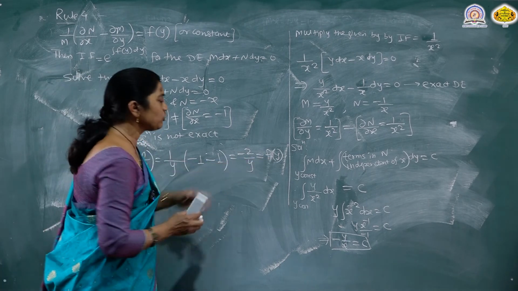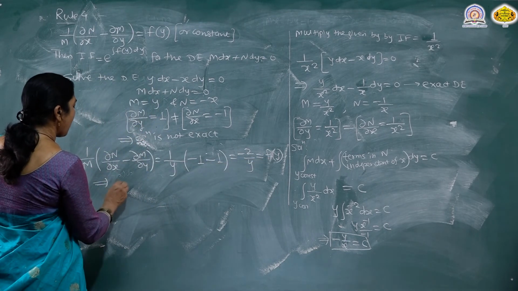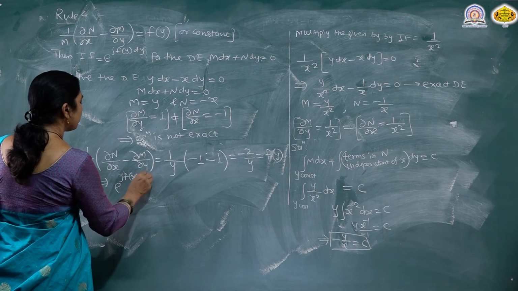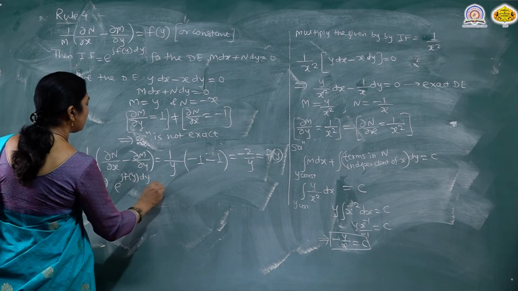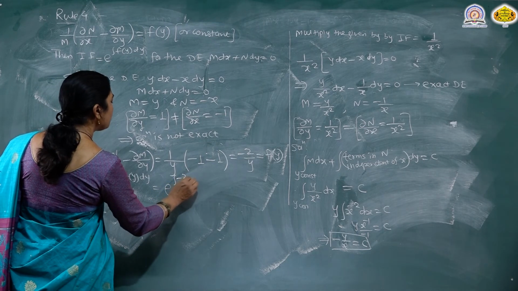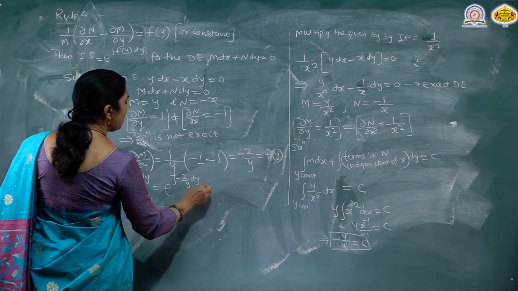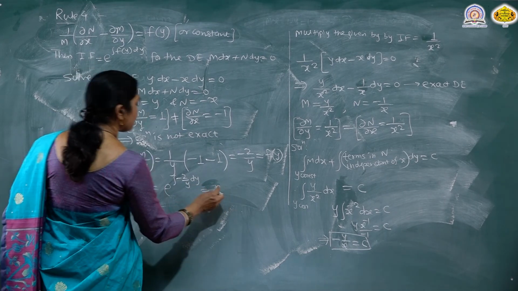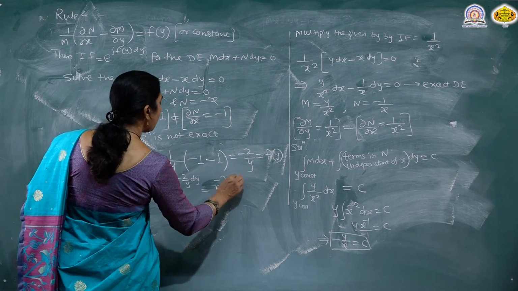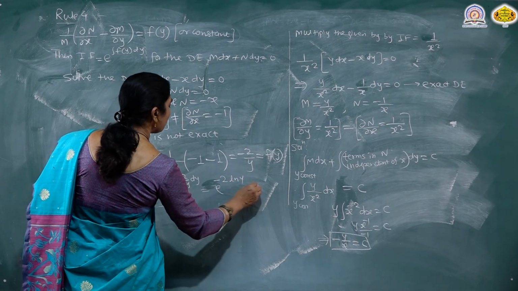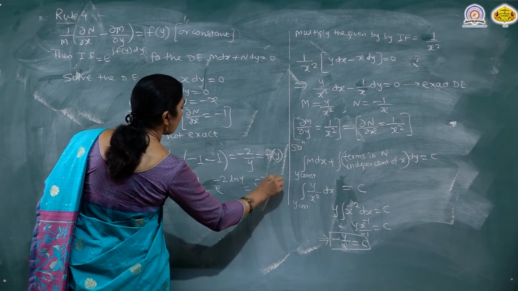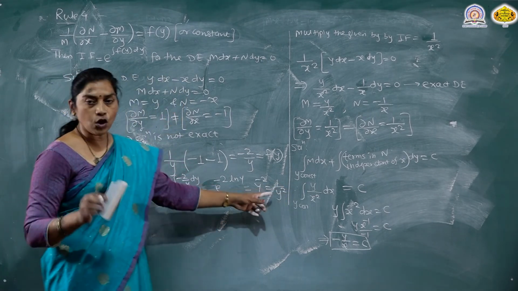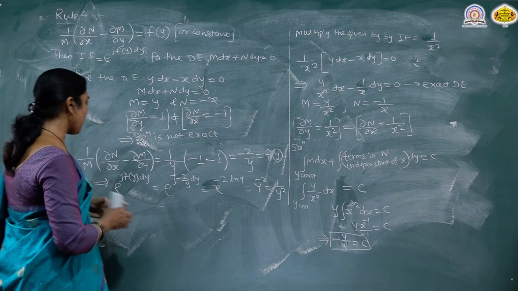Because this is only a function of y, e raised to integral f(y) dy, that is e raised to integral minus 2 upon y dy, is the integrating factor. This is nothing but e raised to minus 2 ln y, or y raised to minus 2, or 1 upon y square. So the integrating factor now becomes 1 upon y square.